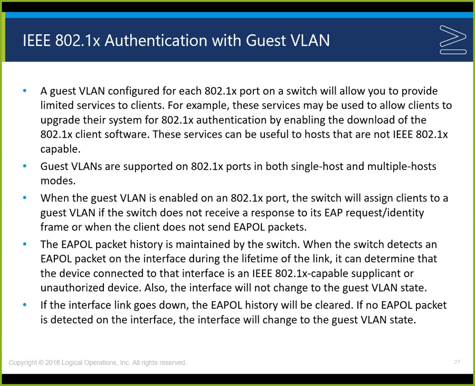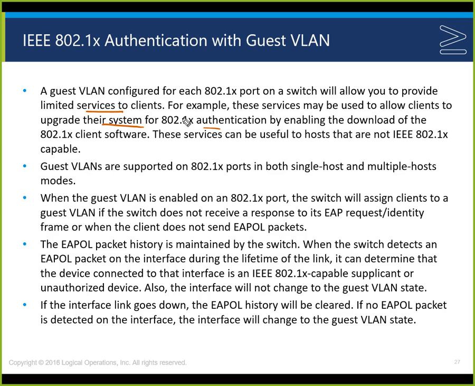With a guest VLAN, here we go with some more. If a guest VLAN is configured, 802.1x will allow you to provide limited services to clients. It can be used to allow clients to upgrade to 802.1x authentication.